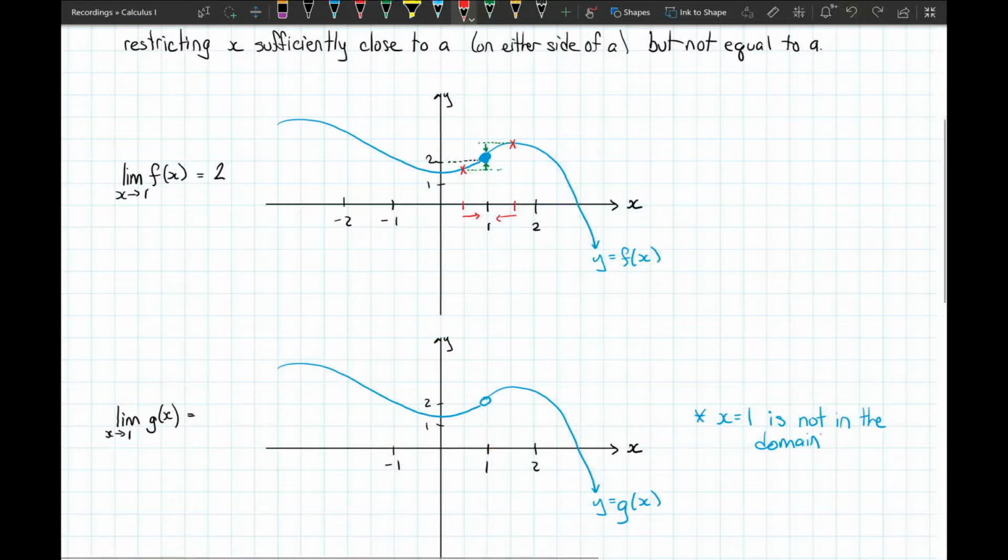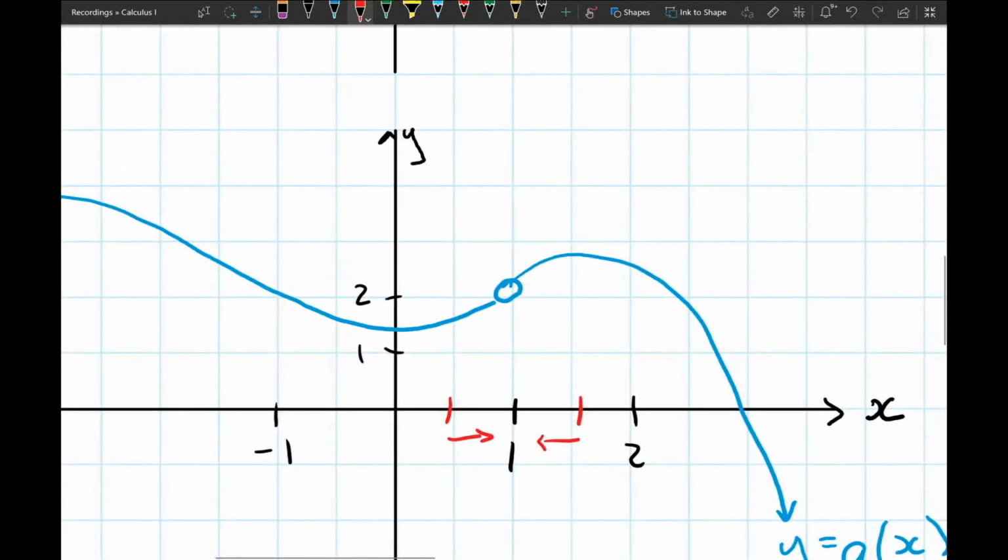So once again, same process. We can start with a value of maybe a half or 1.5 and start getting closer and closer to 1. Zooming in, that would give us a point just below or above that empty point. Taking a look at the y-coordinates, coming from the left, they'd be increasing and getting closer to 2.